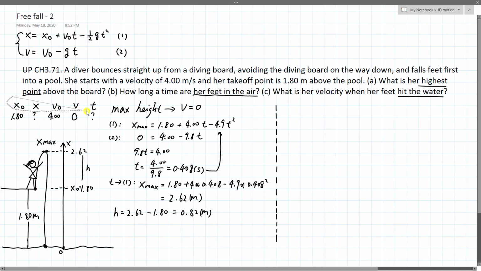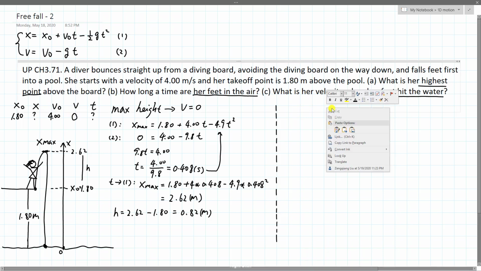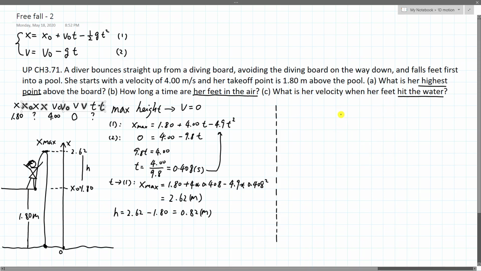So what I want here is to borrow this list. Alright, so now we have the list. The initial position is still 1.8. And now the final position down to the water level is 0.